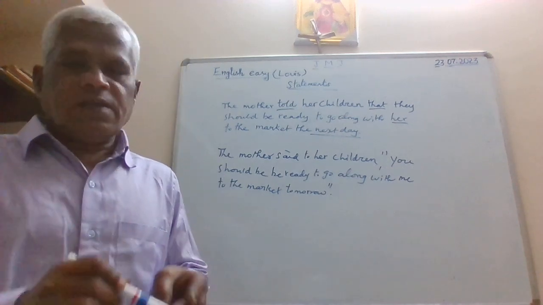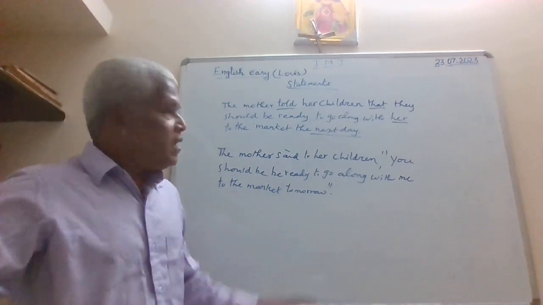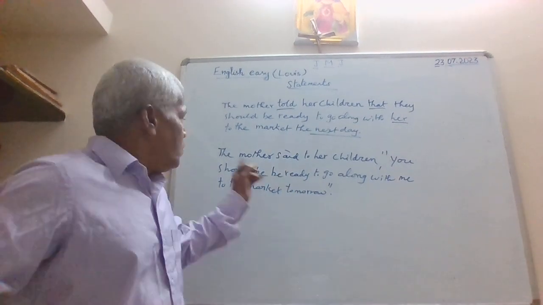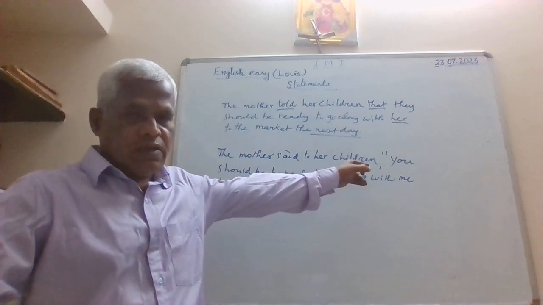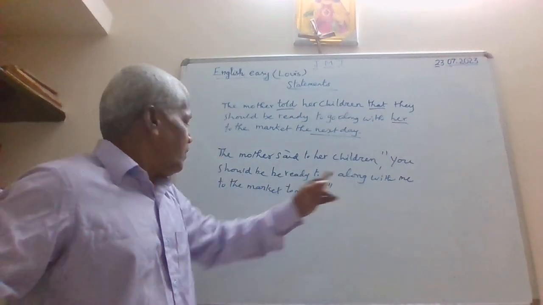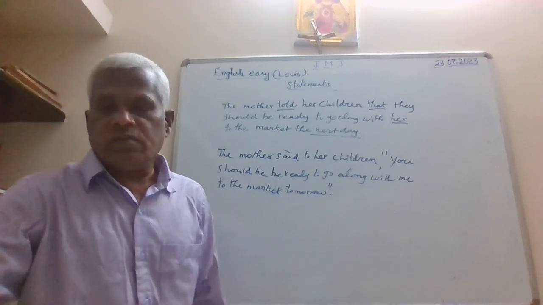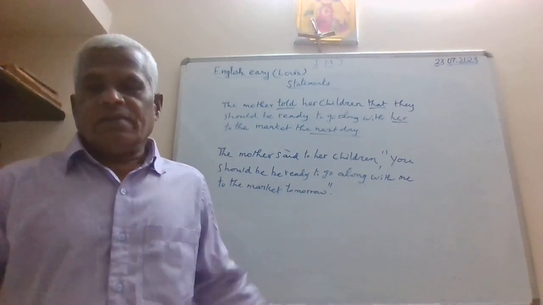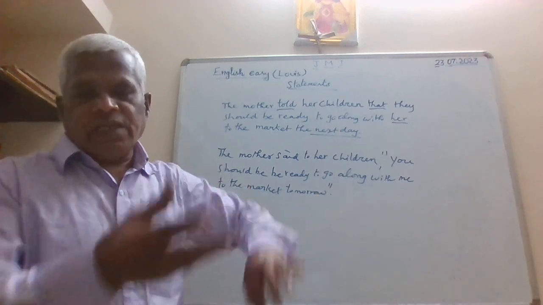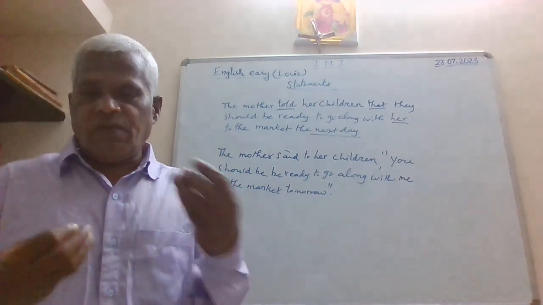Okay? See? Is that clear now? The mother said to her children, open inverted commas, you should be ready to go along with me to the market tomorrow. Very easy. Of course, you can write simple sentences, and little bit complex sentences, to change from one to the other.